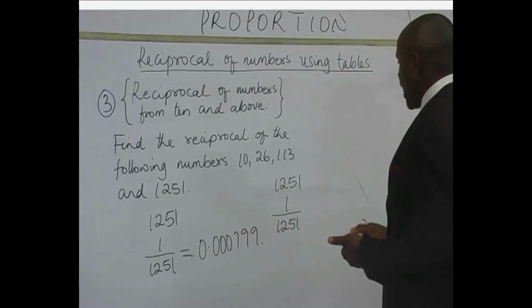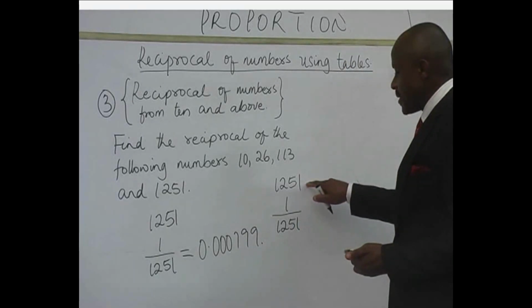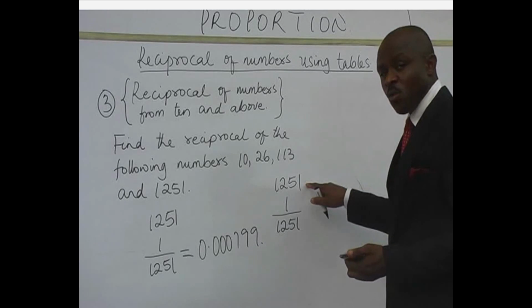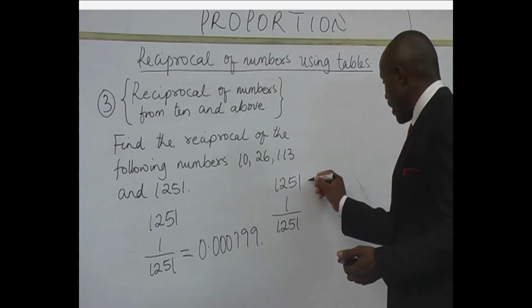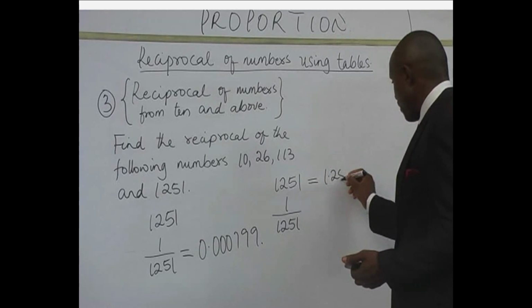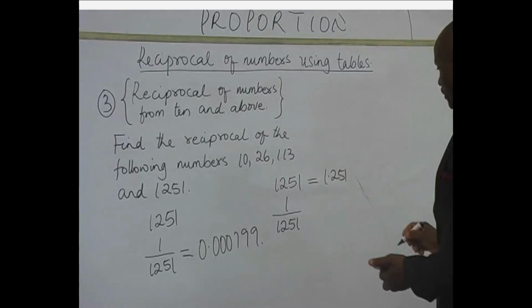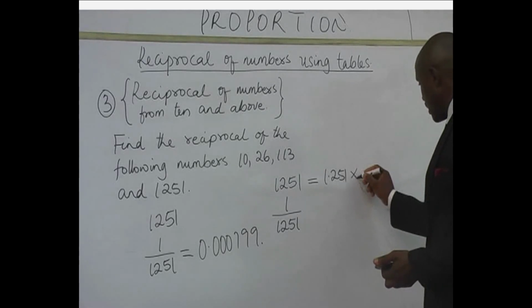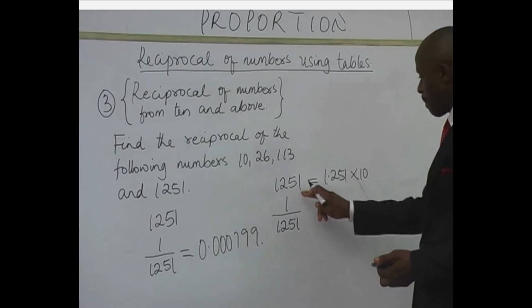What you do here now is write 1251 in standard form, and it's going to be 1.251 times 10 raised to power 3.